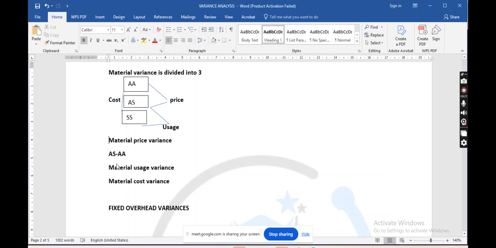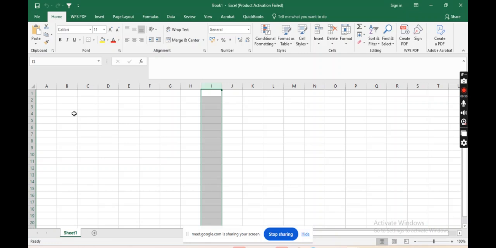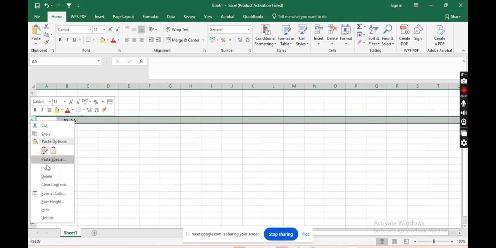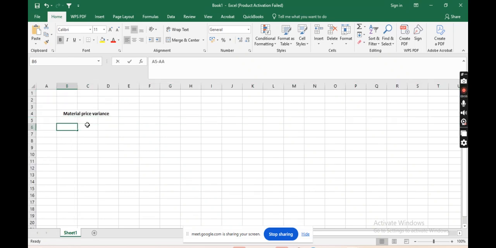Okay, material price, I can copy this material price to Excel, right? Let's say we are in material price variance. So we said we want to have material price variance as AS minus AA.